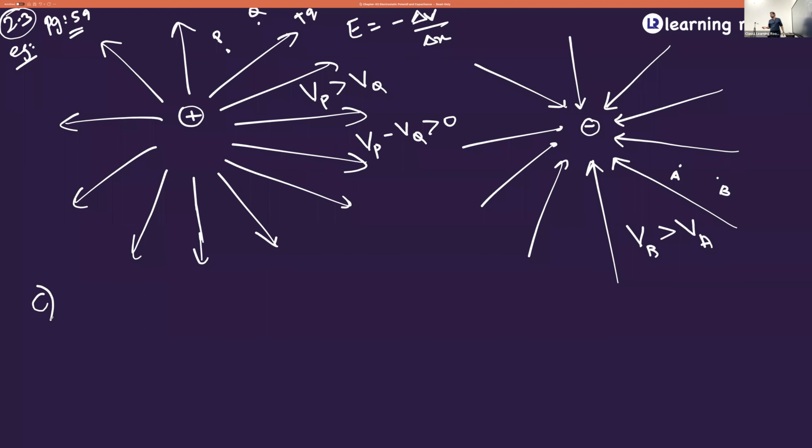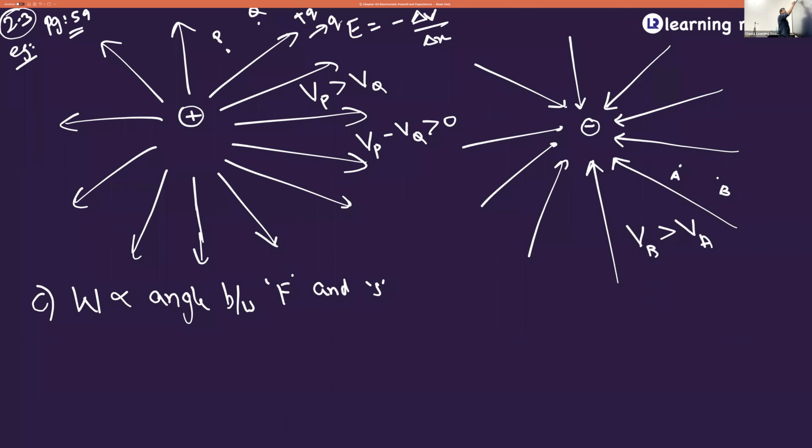Here, rather than calculating the work done, they ask what is the sign of the work done. It's very simple. We know that work done depends on the angle between force and displacement. The question is very clear. What is the work done by the electric field? The electric field is in this direction, right? And you have a positive charge. What will be the force experienced by the positive charge due to the electric field?